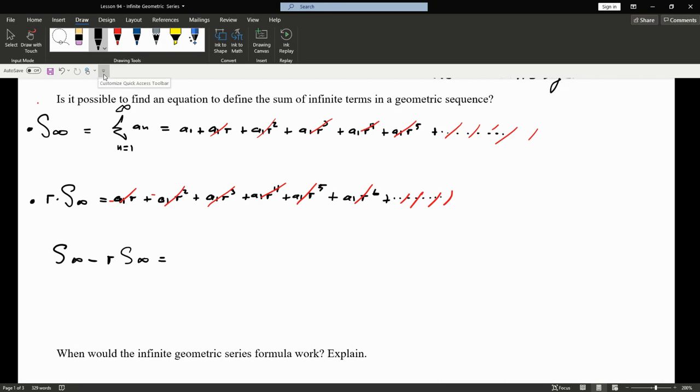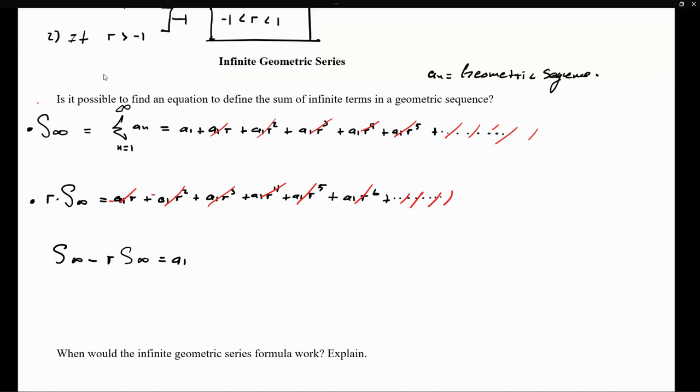So now notice that I have an expression. If I take the infinite partial sum and subtract r times the infinite partial sum, that's equivalent to the first term. But I wanted to get an explicit way of writing an infinite partial sum. So if I take a look at my expression on the left hand side, I can factor it out.